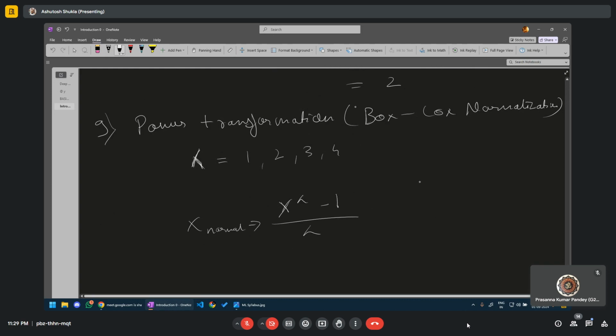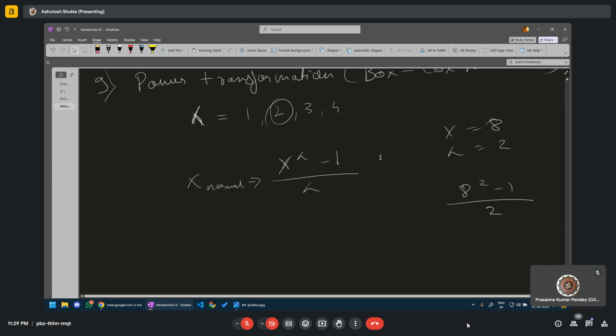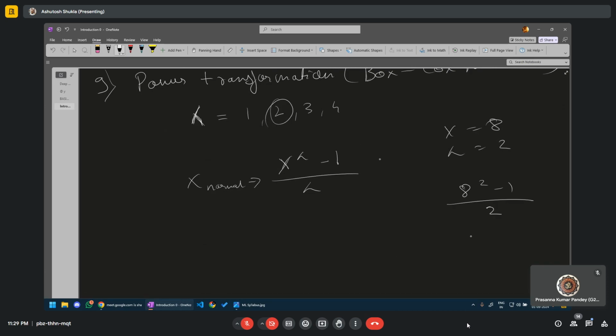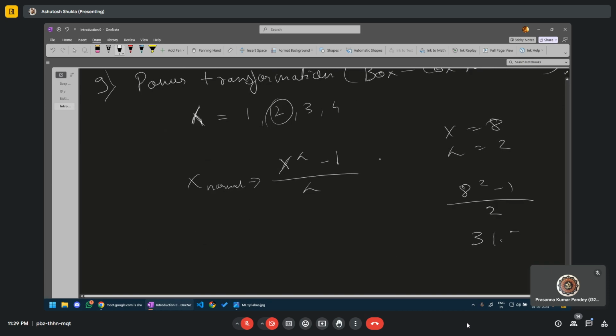For example, say x equals 8 and lambda equals 2. Then you would have 8 squared minus 1 upon 2, which is 31.5.